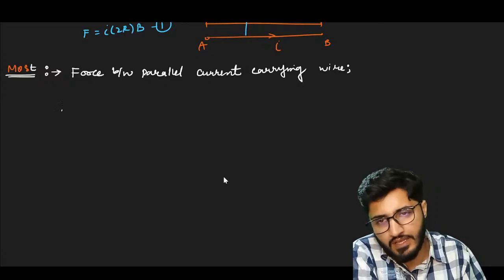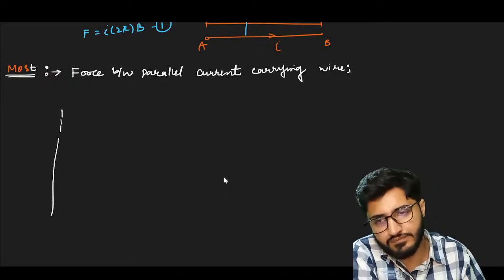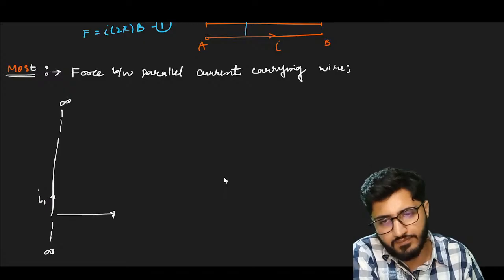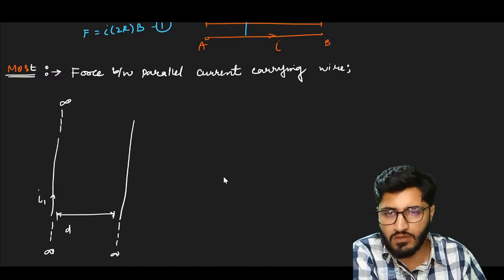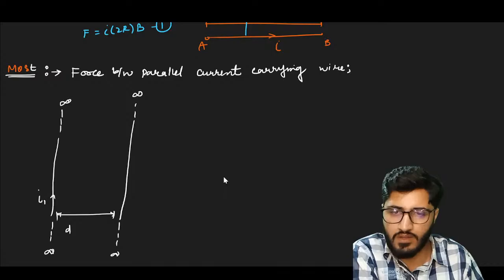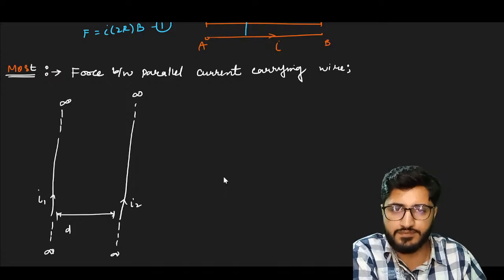Okay. If we are having a wire coming from infinity and going towards infinity with current I1. Now, D distance apart, one more wire, with current I2 in the same direction.